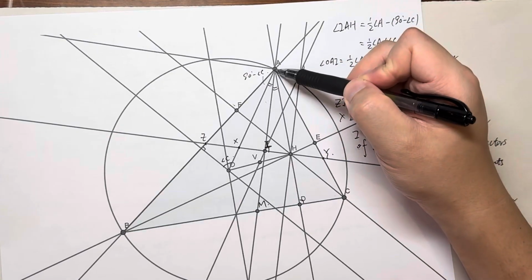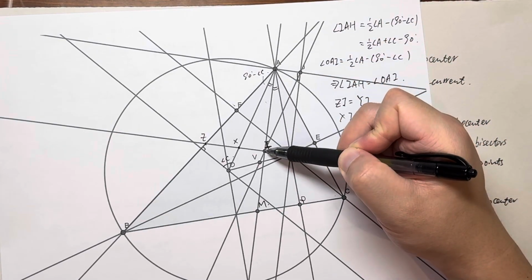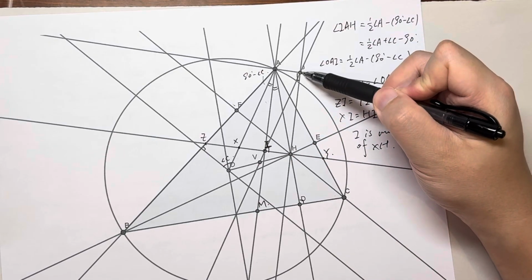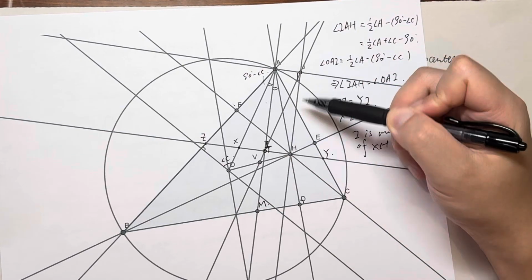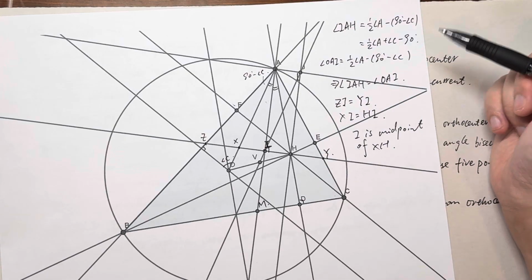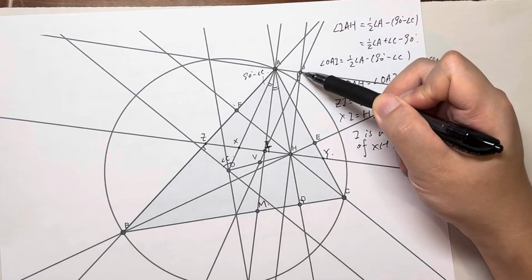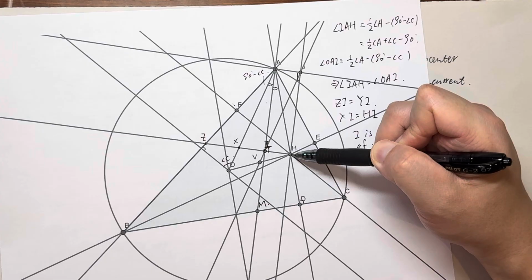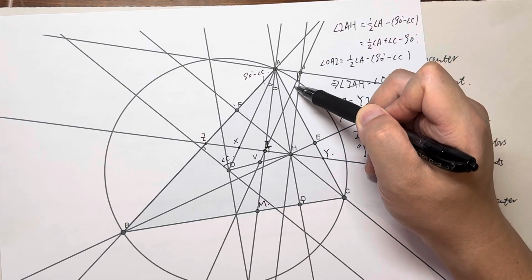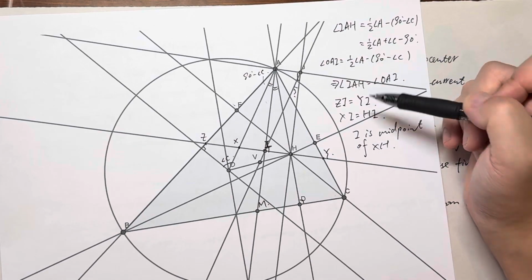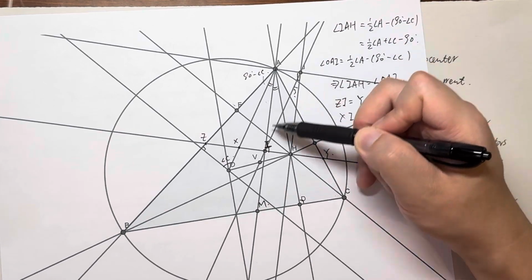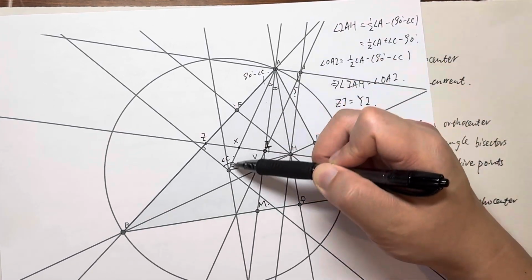And we already know that AI is in parallel with JH, because AIHJ is a rectangle. So we just need to prove that this angle equals to this one. Then we prove that IJ is in parallel with AO.